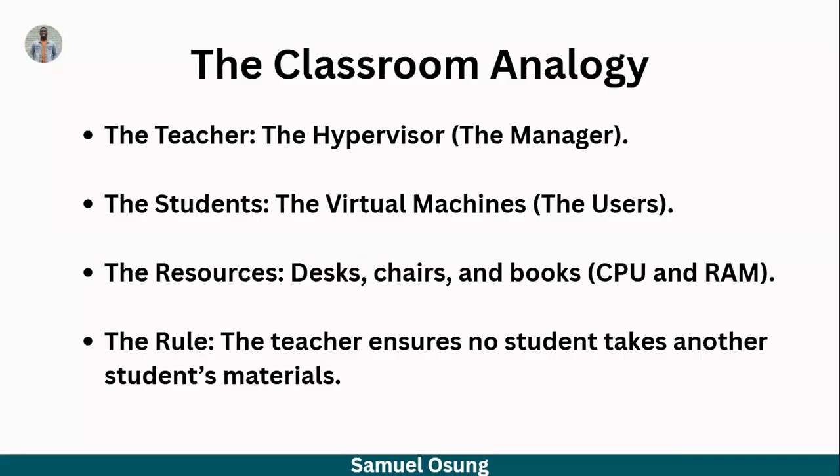Now, the teacher ensures no student takes another student's materials. So, in this sense, the teacher is the hypervisor, more like the manager. The students are virtual machines, and the resources are desks, chairs, and books. Just like the hypervisor, the teacher ensures no student takes another student's material.